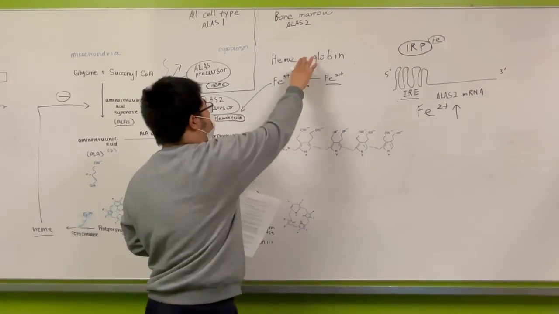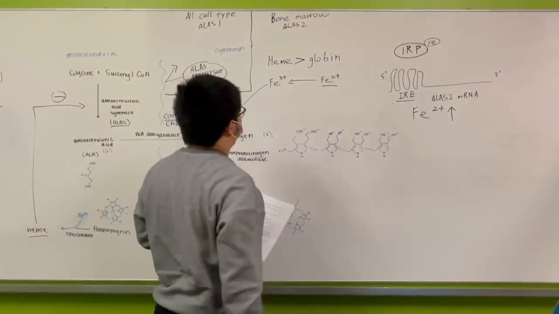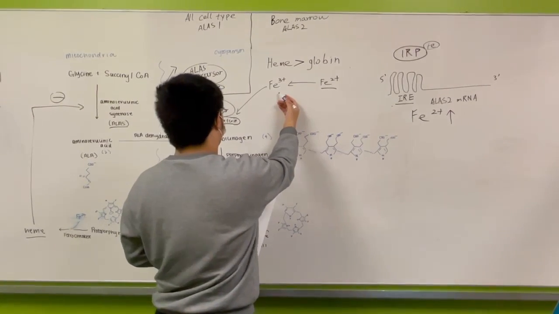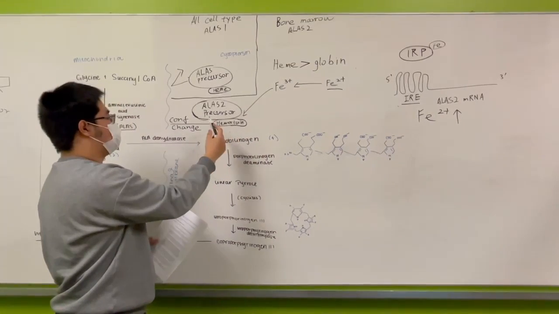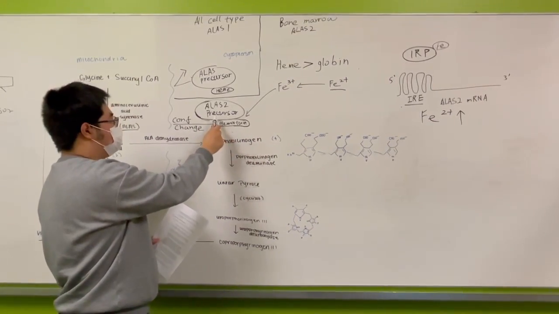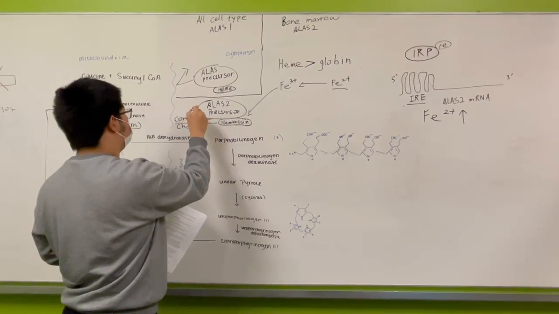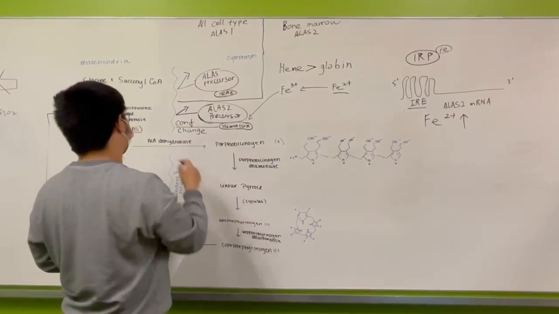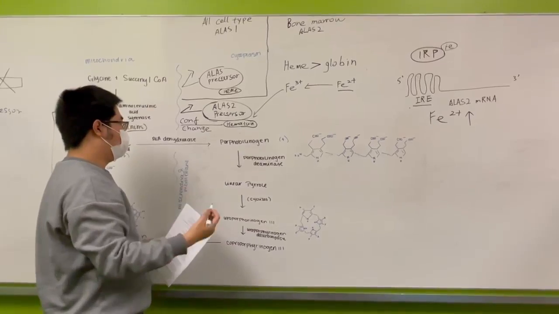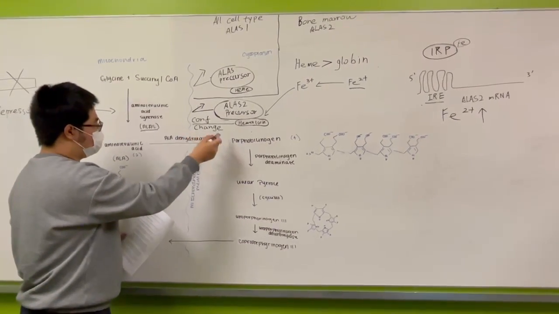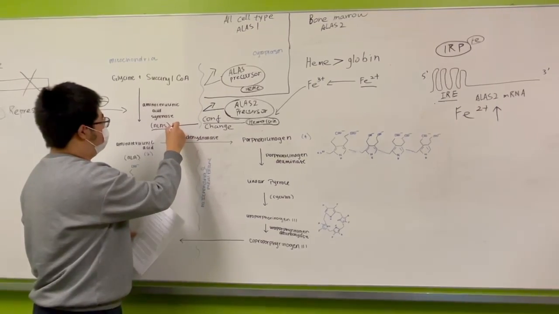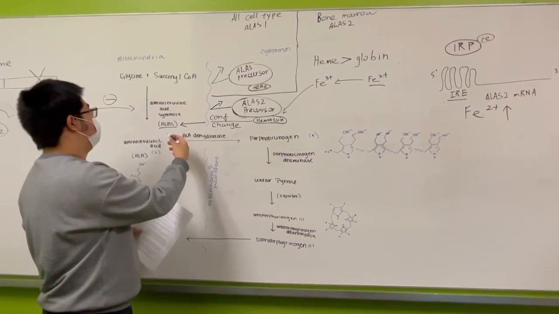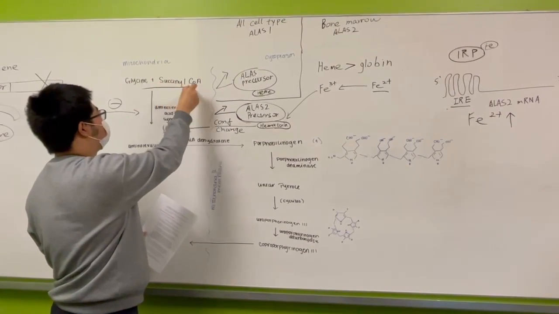However, when we get excess heme, Fe2+ will be oxidized to Fe3+ to form hematin, which will either bind to ALAS2 precursors, preventing them from passing the mitochondrial membrane to form ALAS, or it can allosterically bind to ALAS2 to make a conformational change, which prevents ALAS2 from binding with its substrates.